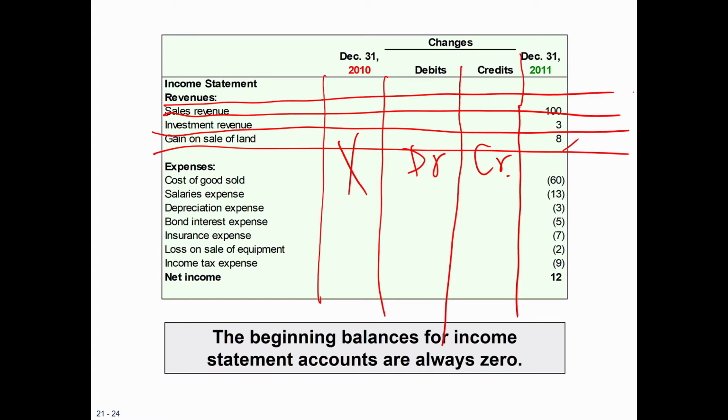So this is our second spreadsheet, the so-called income statement spreadsheet. Similarly to the balance sheet, we're going to fill out the debit column and credit column, one by one.